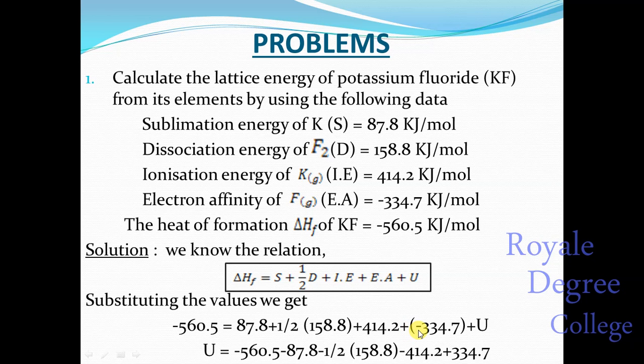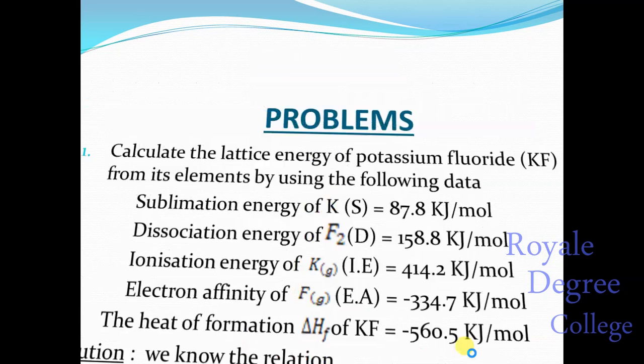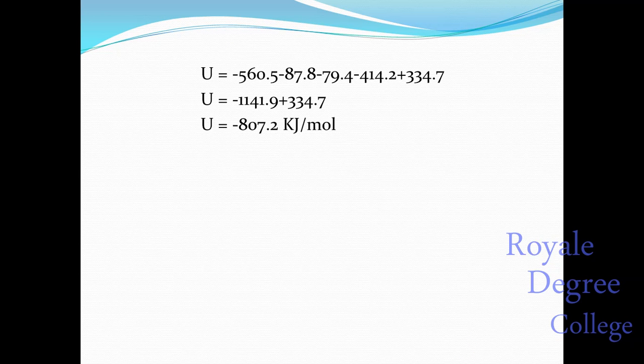Now plus into minus is minus, so it is converted as plus 334.7. So in the next step, U is equal to minus 560.5, minus 87.8, minus 79.4, minus 414.2, plus 334.7.